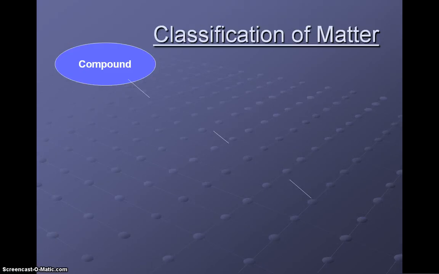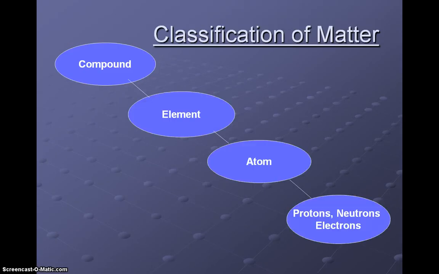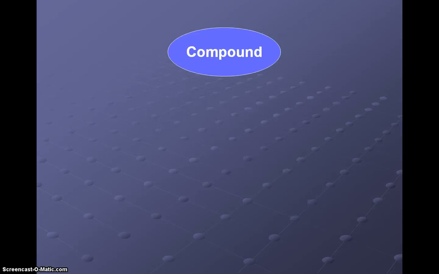All right, so compounds are a mixture of elements, and elements are made up of atoms, and atoms are made up of protons, neutrons, and electrons. I'm going to go through and define what each one of those are.